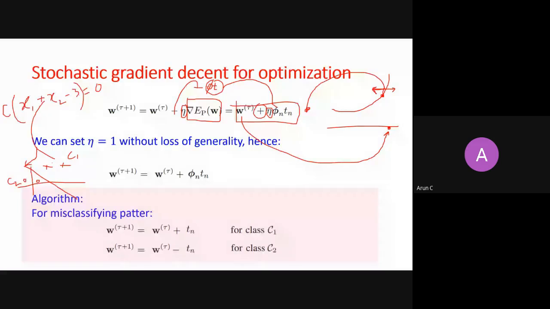I will write 10x1 plus 10x2 minus 30. Will my classification error change?